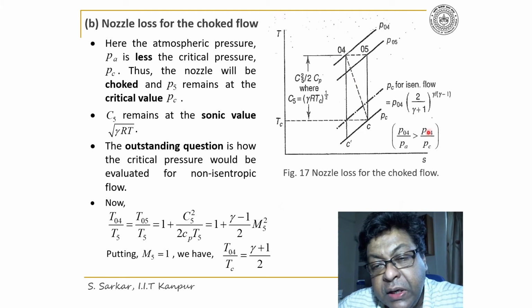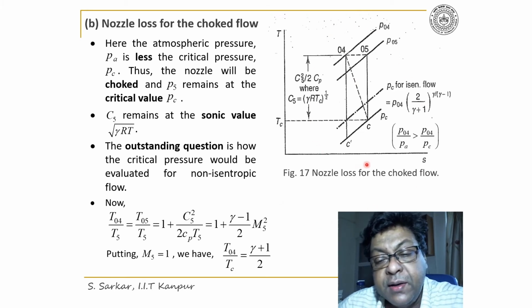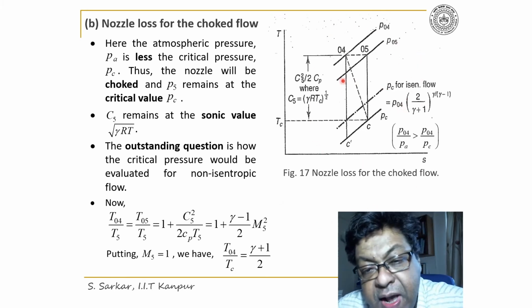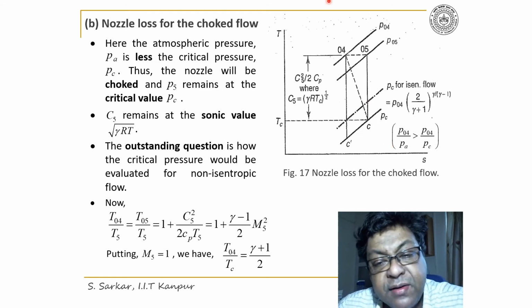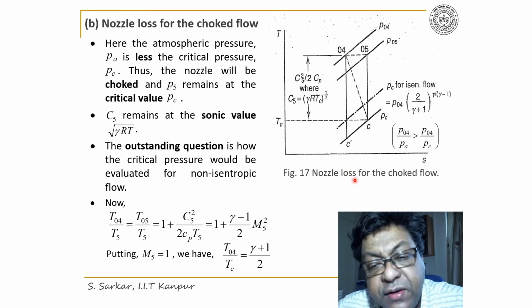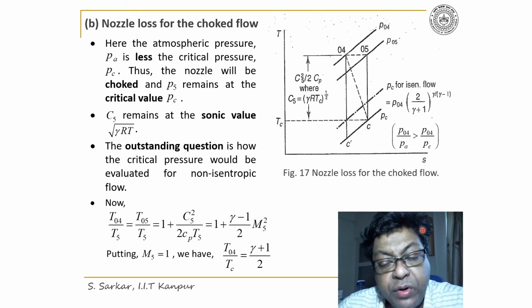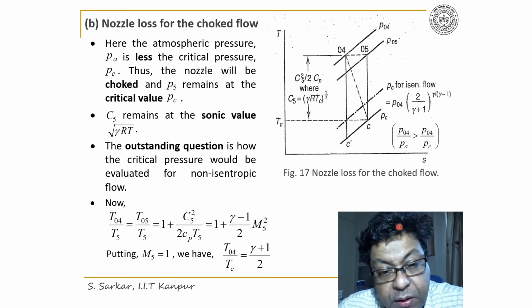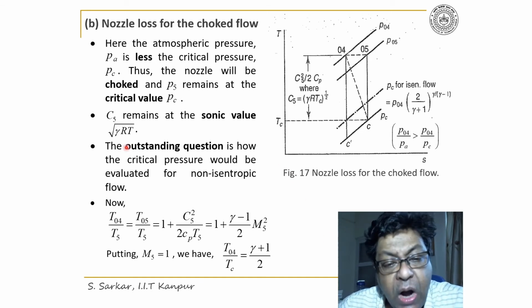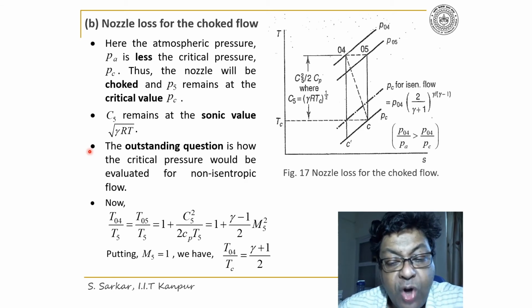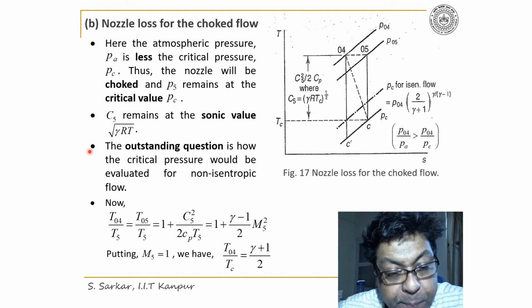Now, look, I have denoted here this actual expansion, isentropic expansion, and the corresponding state points. After that, the outstanding question is how the critical pressure would be evaluated for the non-isentropic expansion of gas in the nozzle.